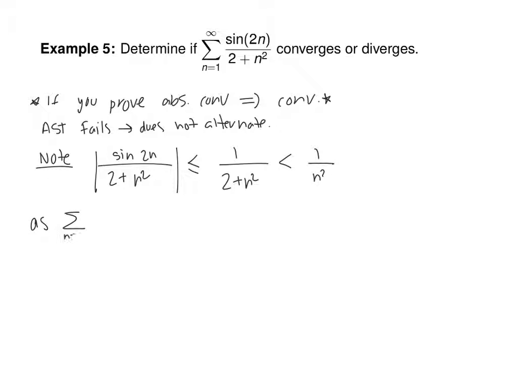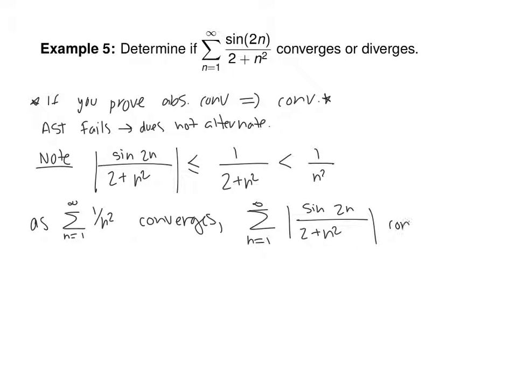As the sum from n equals 1 to infinity of 1 over n squared converges, the sum from n equals 1 to infinity of the absolute value of sine of 2n over 2 plus n squared converges by direct comparison.